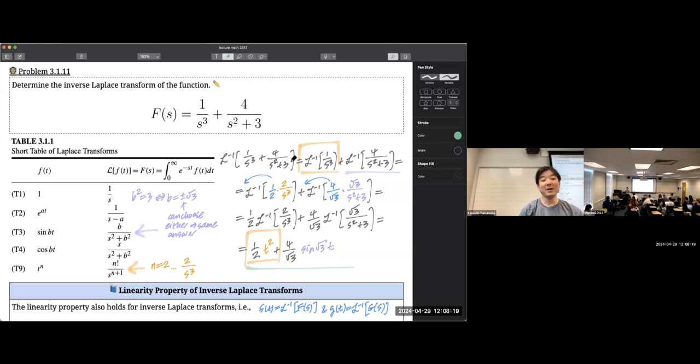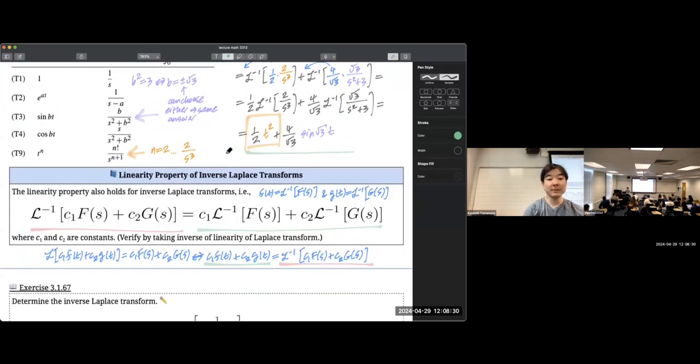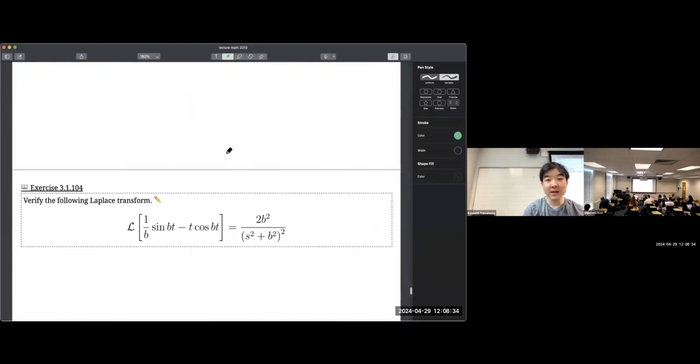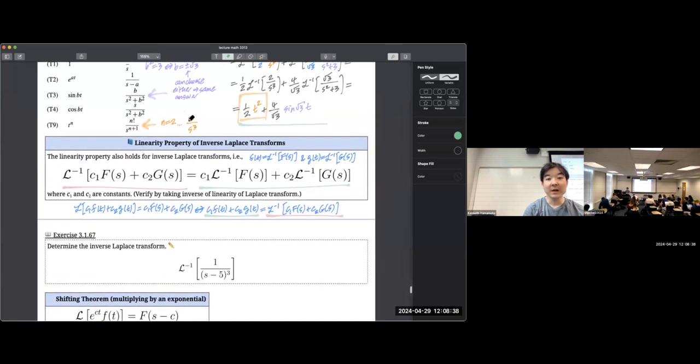So we took the inverse Laplace transform of this. Now let's look at this one: 1 over s minus 5 cubed. Let's go back to this table here. You see I had t raised to the n, and the Laplace transform of that.